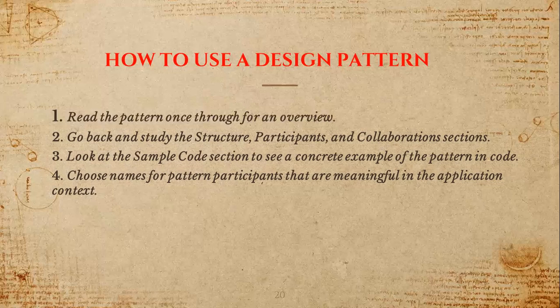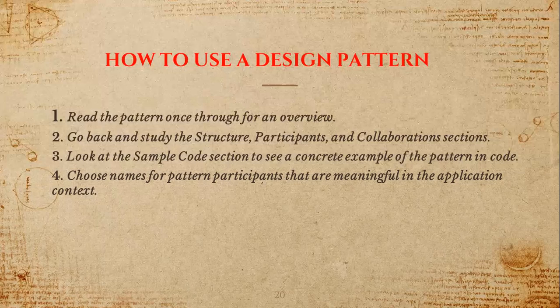That helps make the pattern more explicit in the implementation. For example, if we use the strategy pattern for a text composing algorithm, then we might have a class called SimpleLayoutStrategy or TextLayoutStrategy.